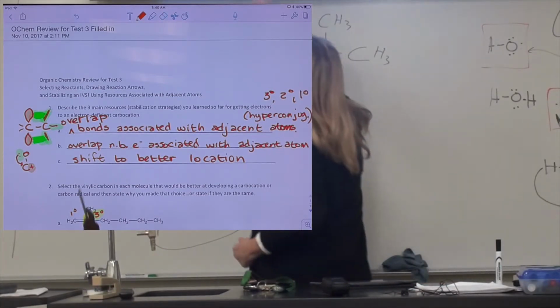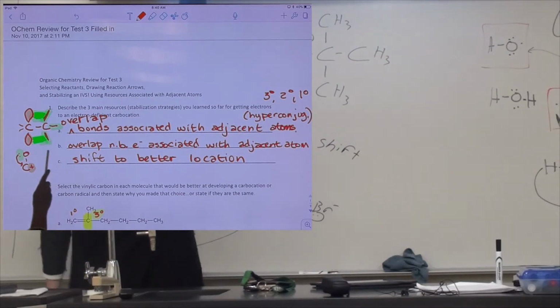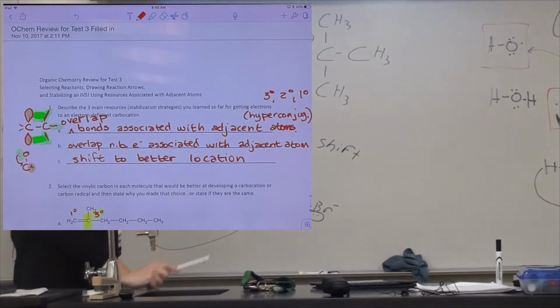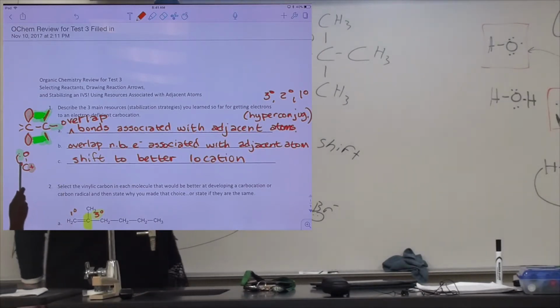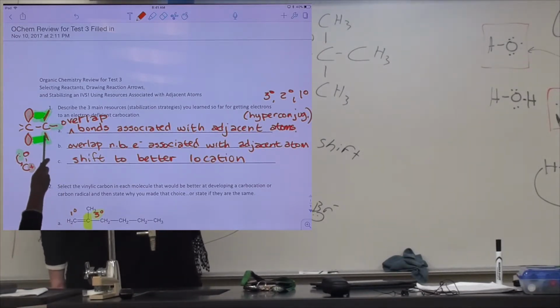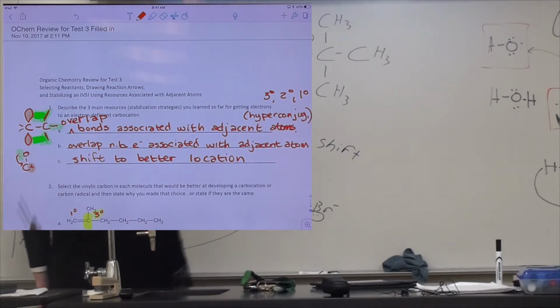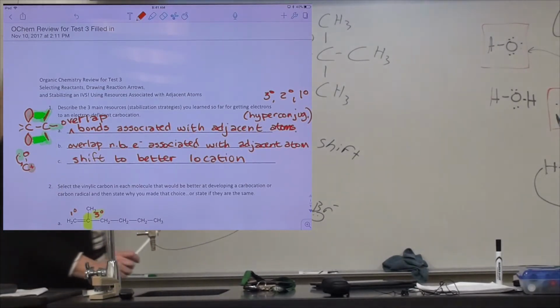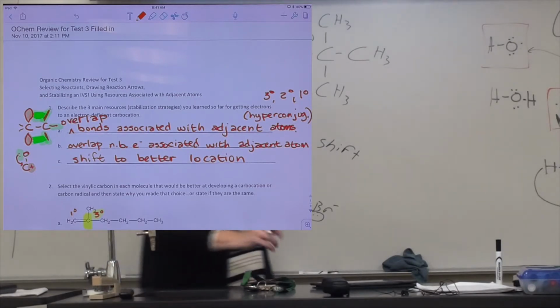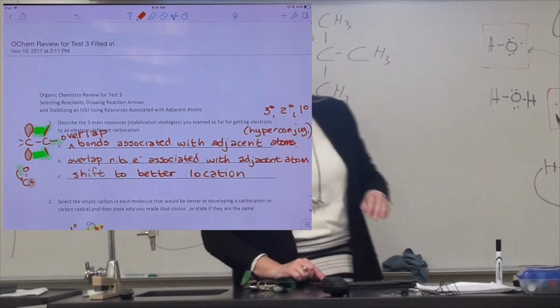And that's because if you have carbons next door, the bonds can overlap with the electron deficient p orbital. That stabilizes it. The overlap with non-bonded electrons is the same thing, except for instead of having a line coming off here, you have an orbital with electron pairs in it. And then if you can do a shift.